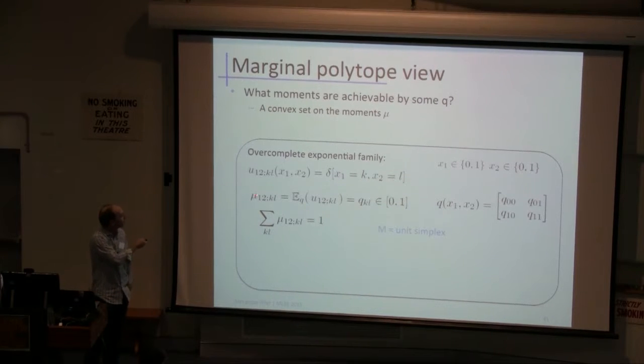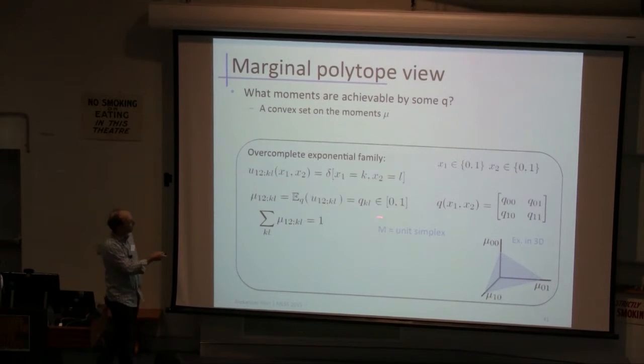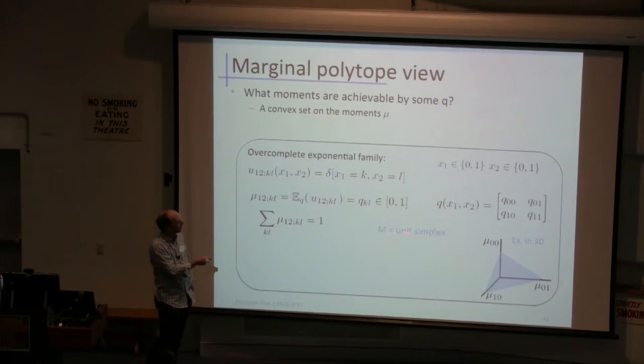And so the marginal probabilities over our indicator vector u will just be those probabilities q for each possible outcome. And then the constraint on these probabilities is that they need to sum to 1. And so the polytope here is then just the unit simplex, right?